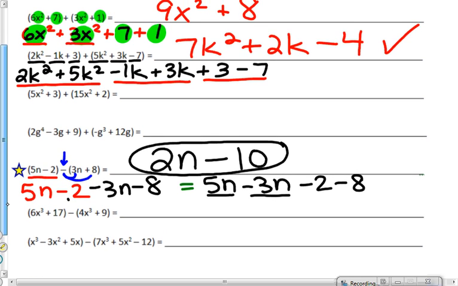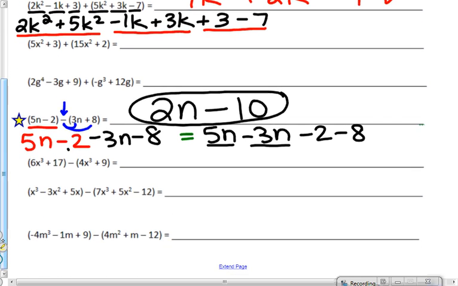That was the second one. We'll go down to the one with the smiley face here. Here we go. Not changing the first part. I'm going to distribute the minus. -9. Okay?